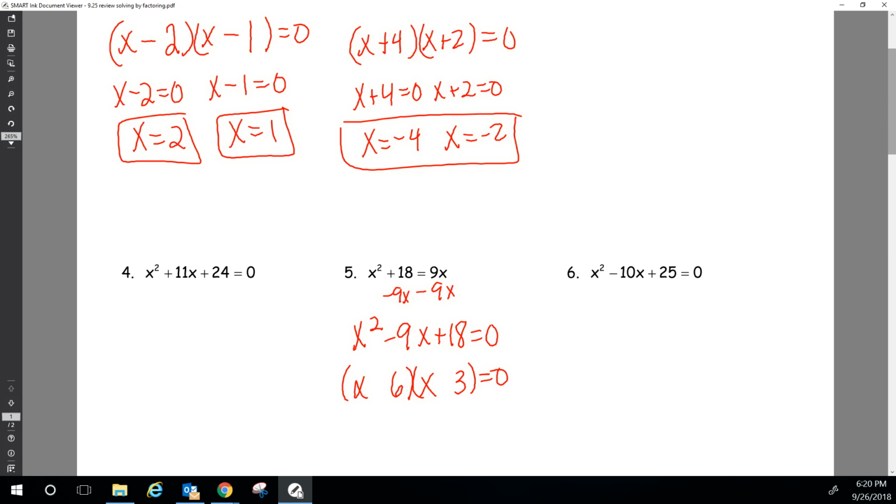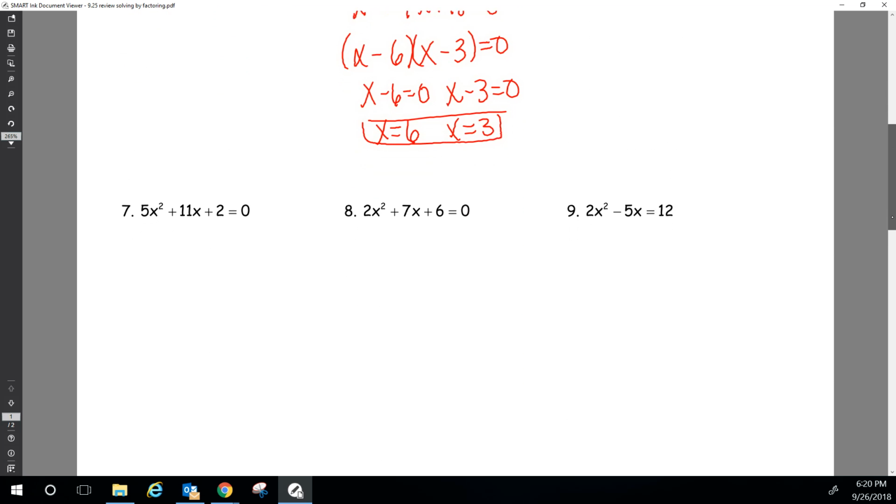So 6 times 3 gives me 18. Need them both to be negative, but it's -6 minus 3 would give me the -9. So x minus 6 equals 0, x minus 3 equals 0, x is equal to 6, x is equal to 3. Now, I think you can do number 6 just fine.